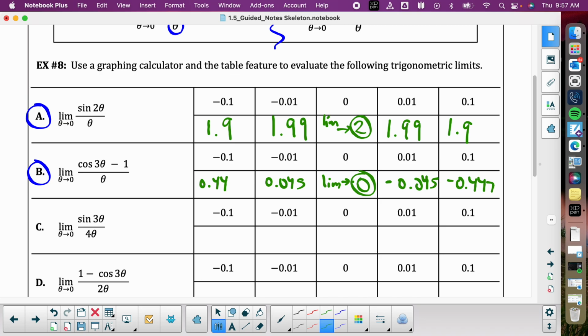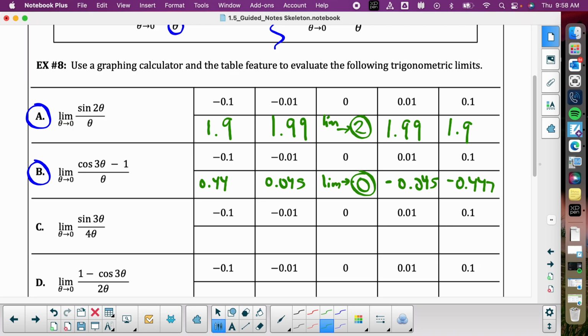Bottom one, 0.4, and this probably was 0.044, and if we would have gotten closer, it would have been 0.0044. You'll notice that they always seem to follow patterns. Either way, it's going downwards. And on the other side, it was negative, coming towards 0, so both sides are pointed at 0.